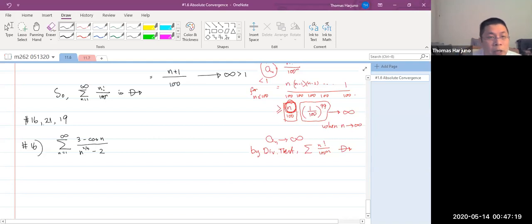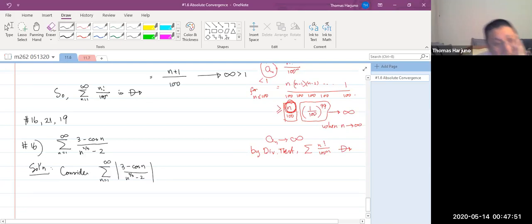Okay, I will do the following. Solution. Consider the series of absolute value. Now, notice that for the first couple terms, it doesn't work really well, because when n equals 1, this is negative.